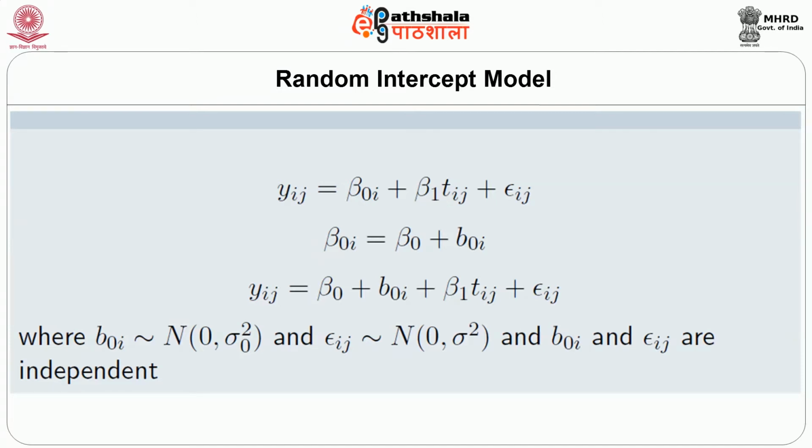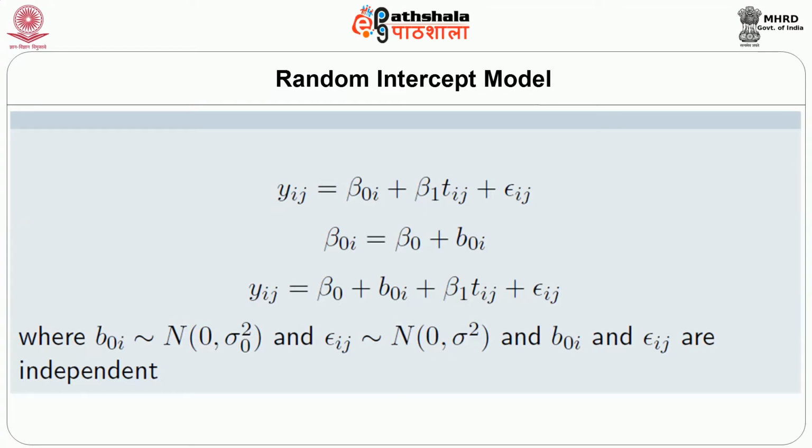Beta_0i is the intercept of the ith individual, and beta_1 is the slope. Note that beta_1 is the same for all i's, that means all the subjects have the same slope, but the intercept beta_0i contains the index i, meaning that the intercept is different for different subjects or individuals.